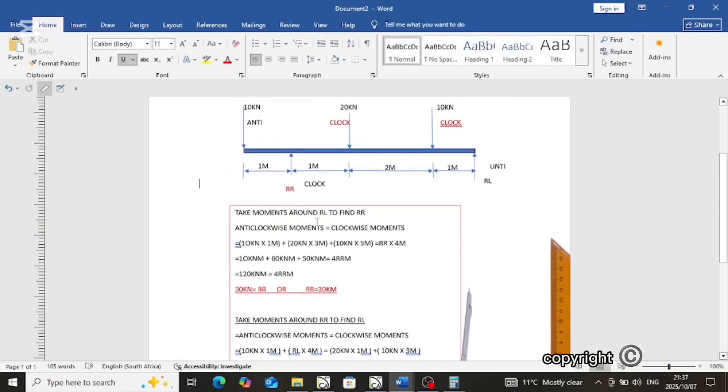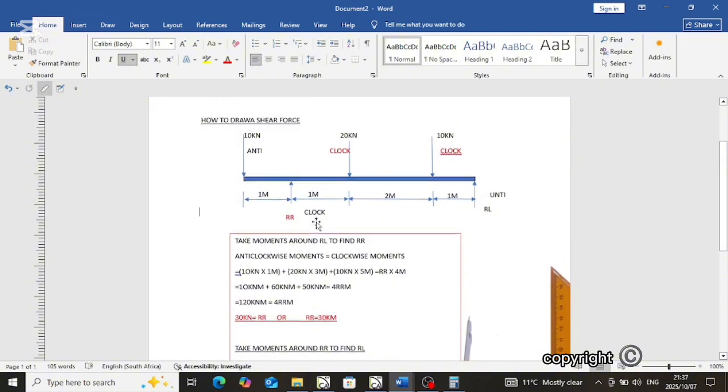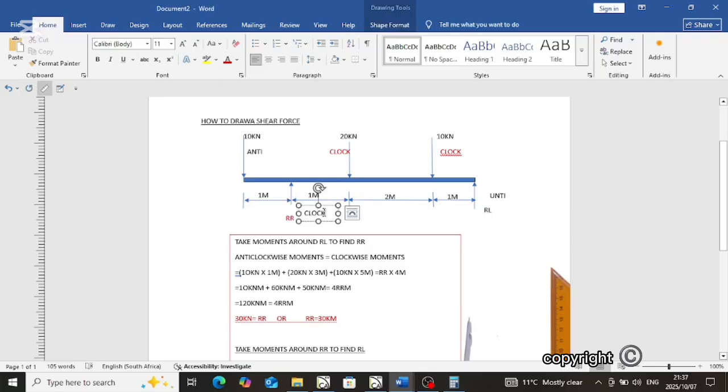Okay, yes, like this. Let me leave it like this. You see, this is how we calculate RL and RR, applying the law of moments. This is our answer.